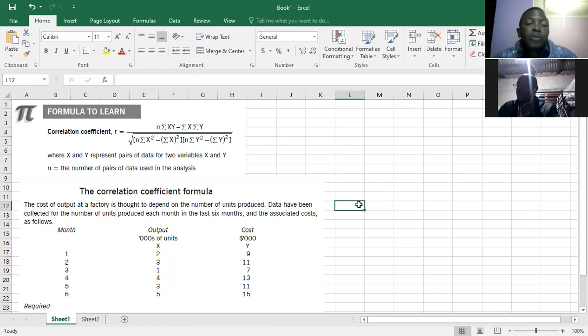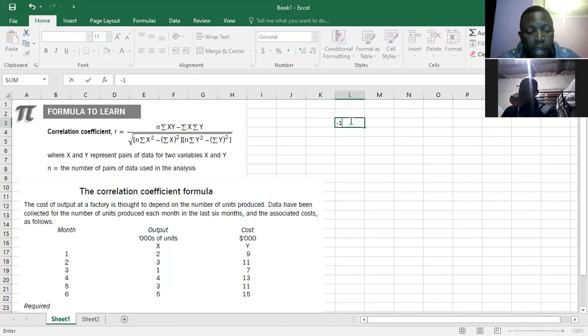When you calculate your correlation coefficient, that's a number that you assign to show the degree of correlation. It can be any number between -1 and +1.